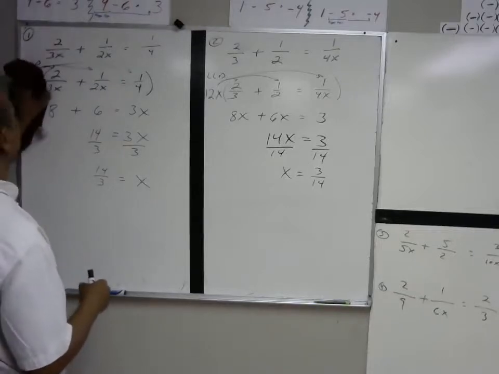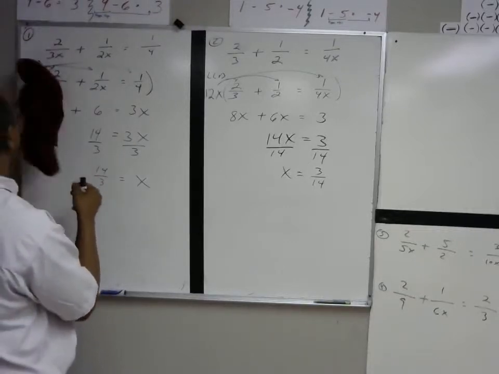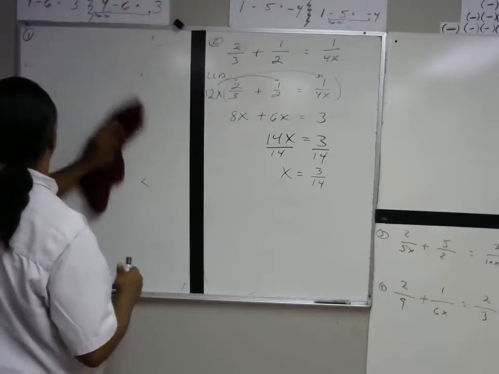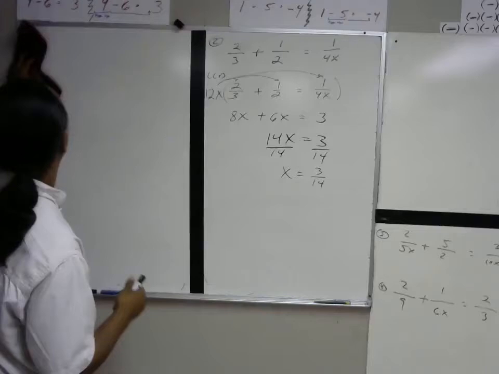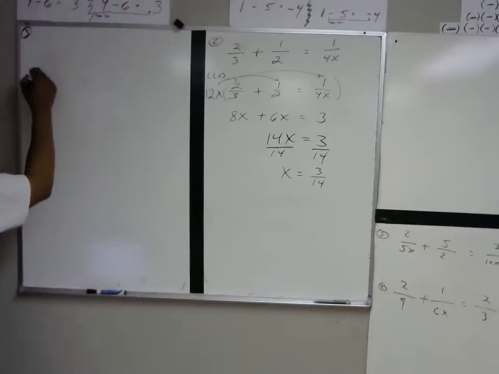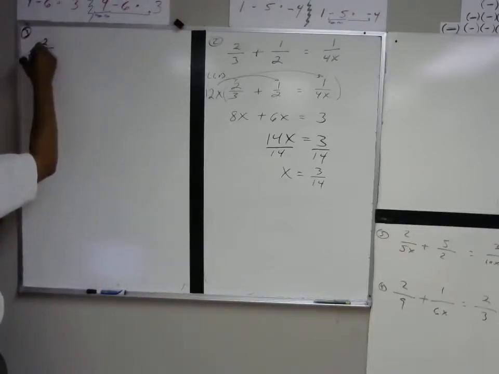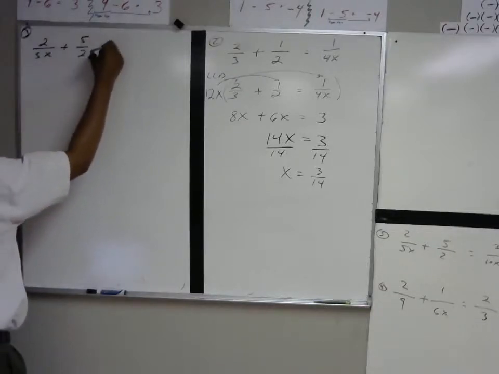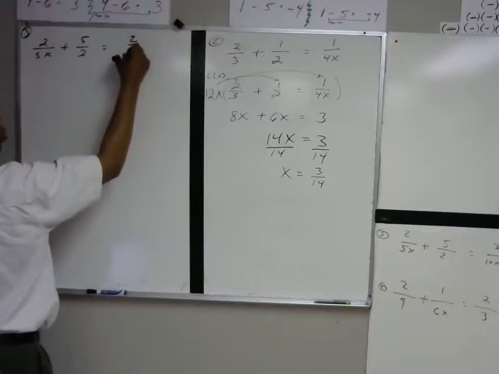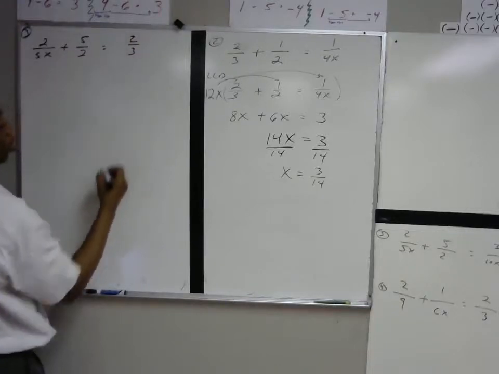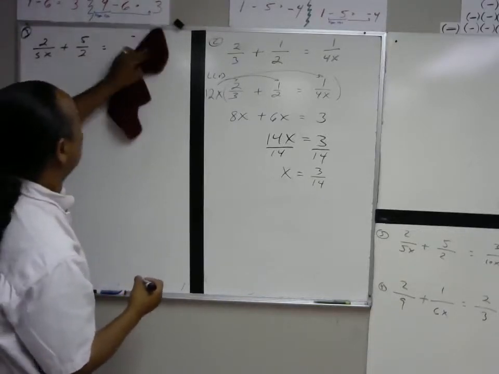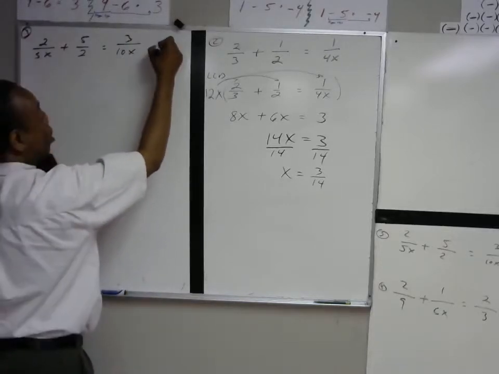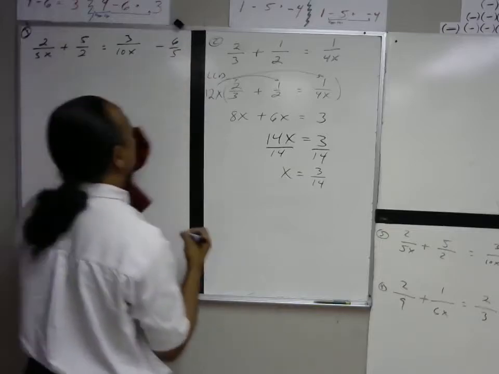All right, let's take a look at number 3. 2 over 5x plus 5 over 2 equals 2 over 3. I'm sorry, wrong one. 3 over 10x minus 6 over 5.